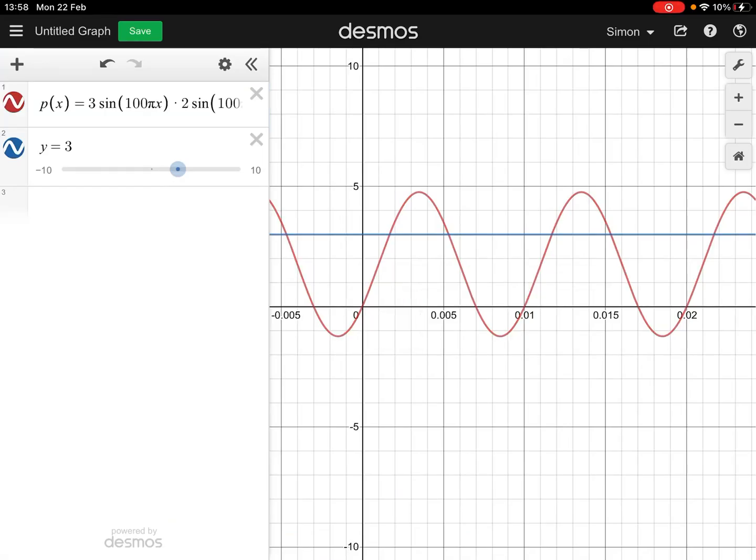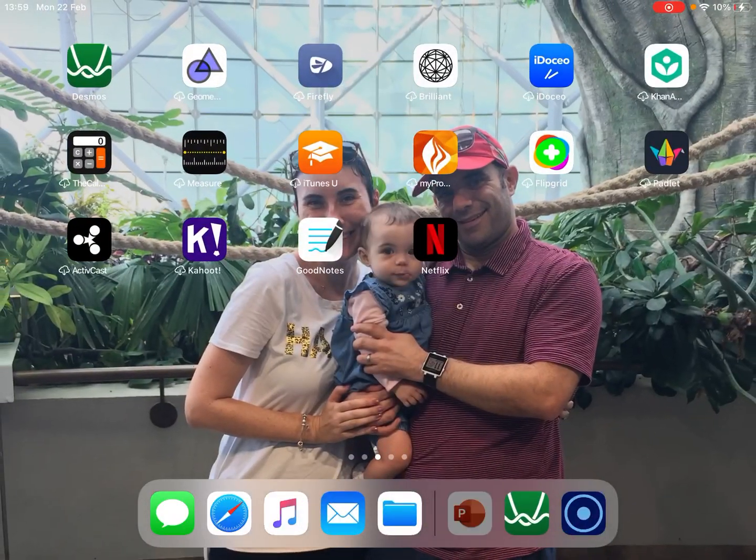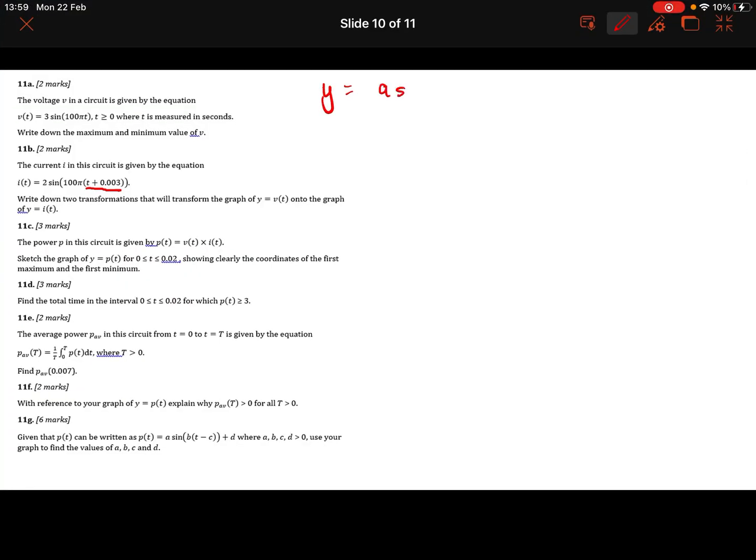A, remember, refers to the amplitude of the function. So all you're going to do is take your maximum p minus your minimum p and divide by 2. So you're basically trying to look at the distance between the maximum and the minimum. Okay, and then the amplitude is going to be half of that.